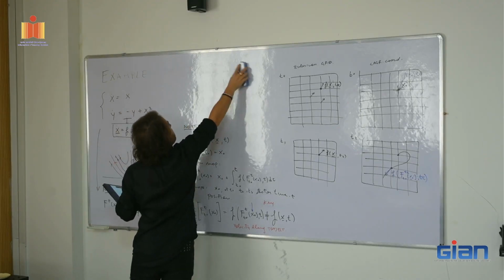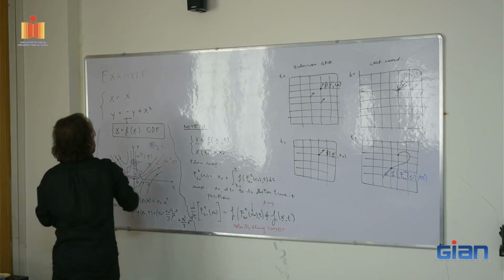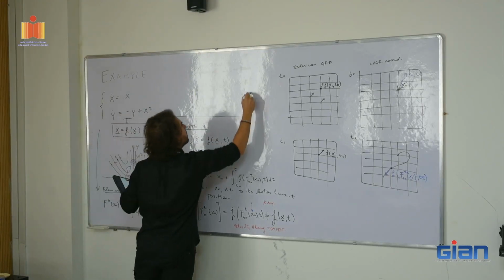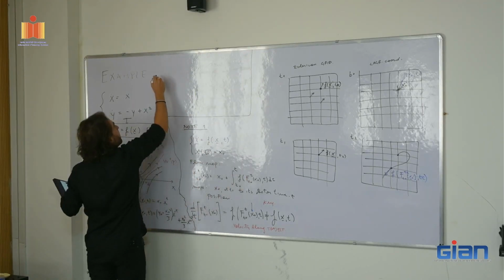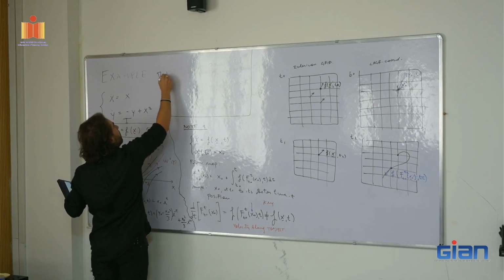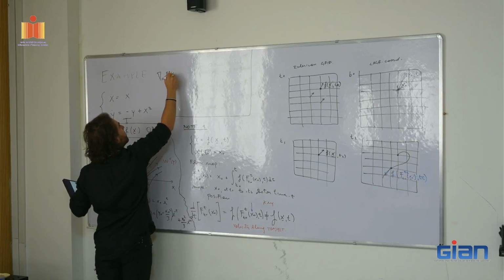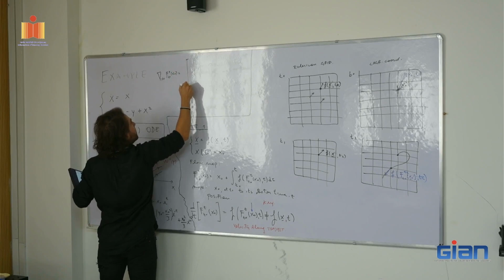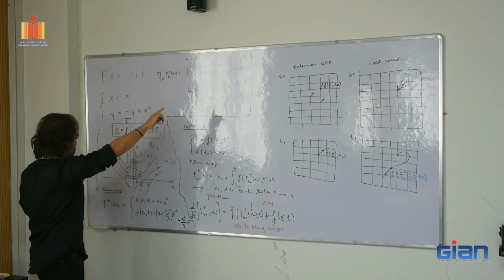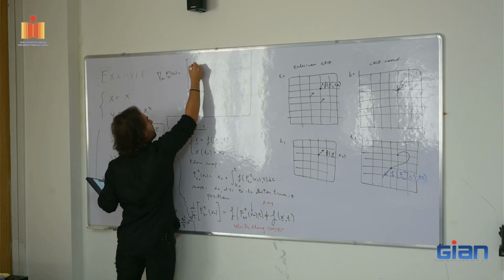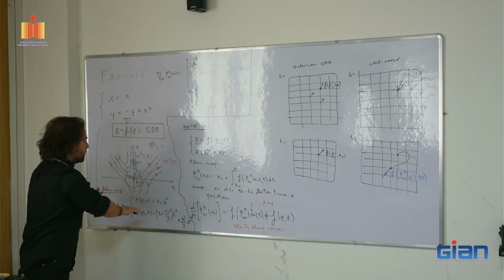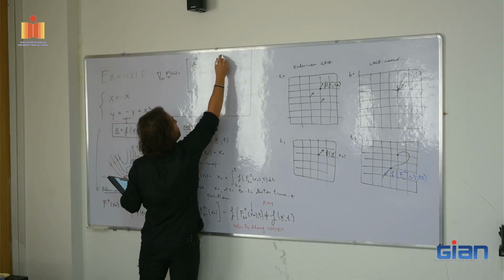So for this example, it's very simple. You compute the gradient with respect to x0 of the flow map f t0 t of x0. The derivative of the first entry with respect to x0 is e to the t. The derivative of the first entry with respect to y0 is 0.